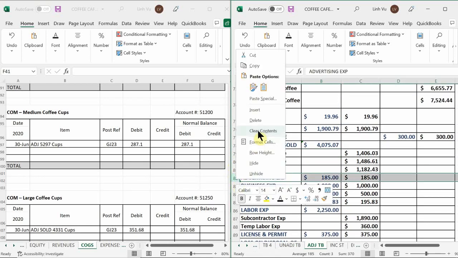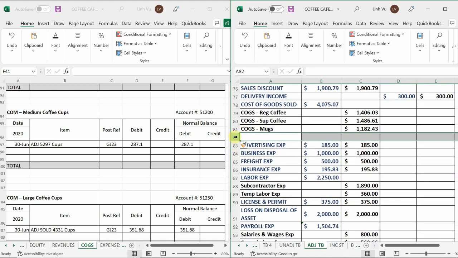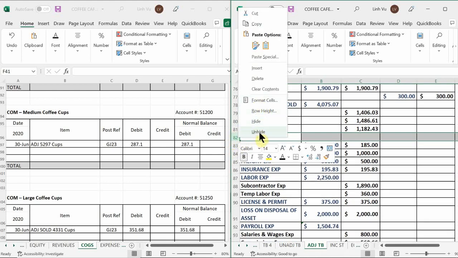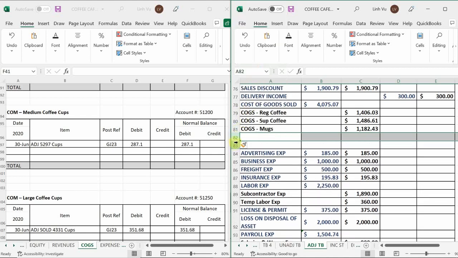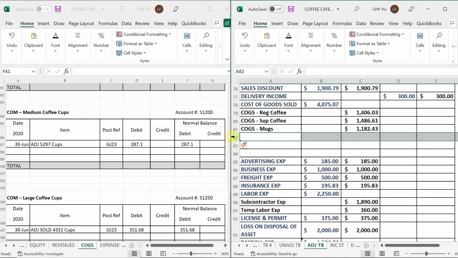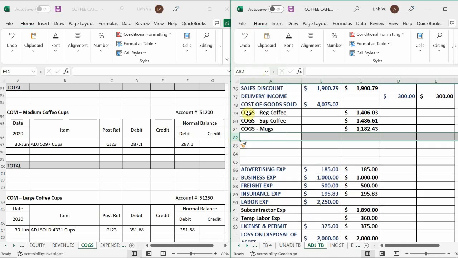So going to advertising expense, we're going to insert the main account of the cost of materials. We're gonna have the cost of materials for the medium cups, large cups, sugar, and creamer.